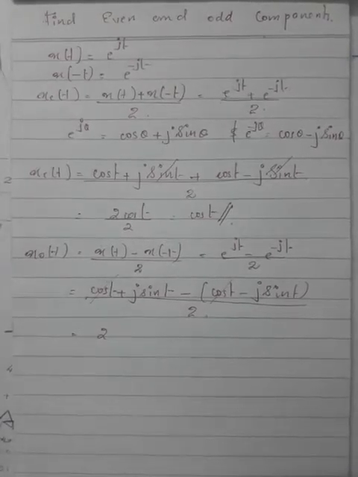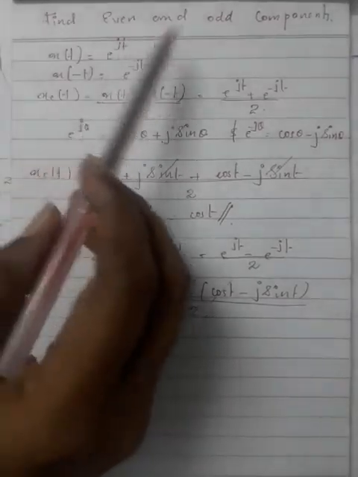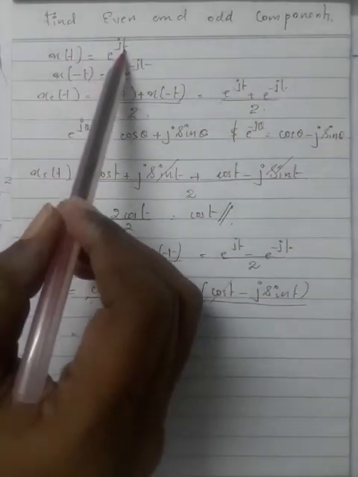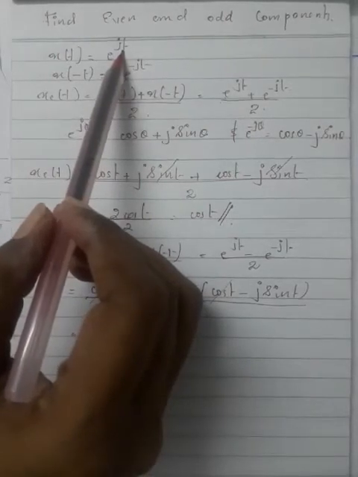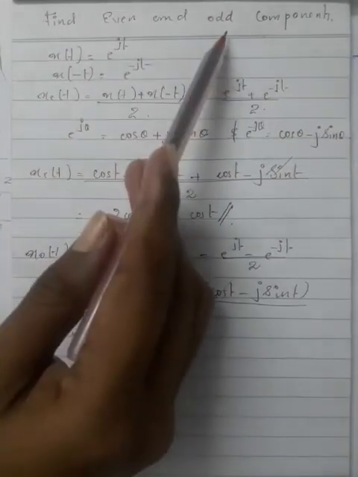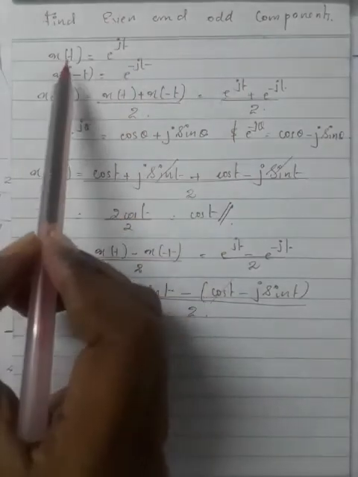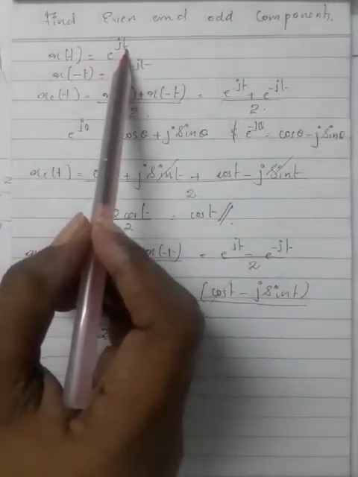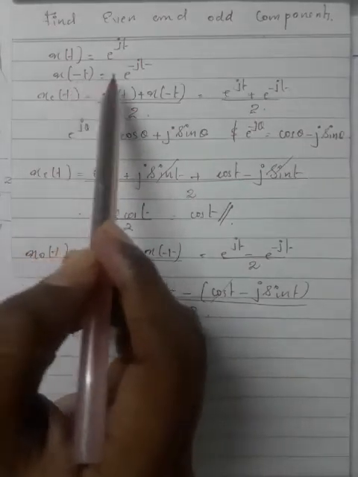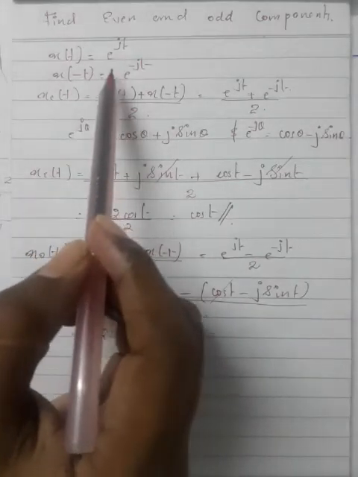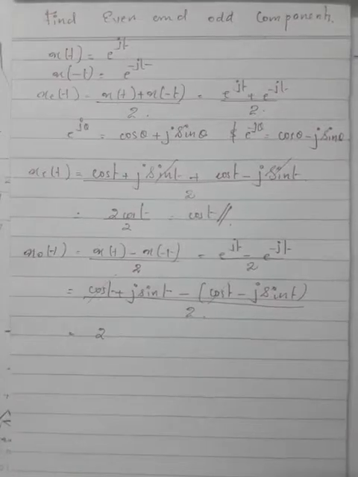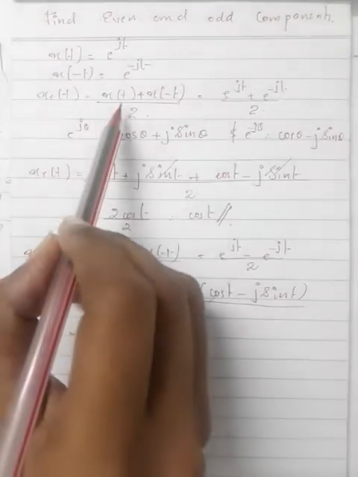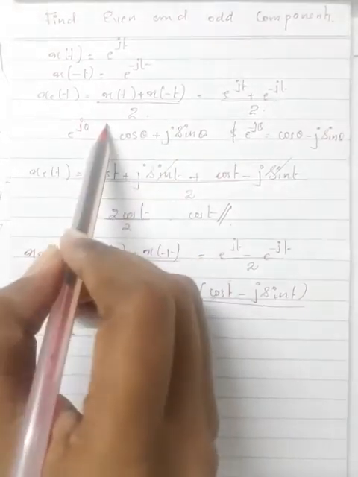And the next question is find even and odd components of x of t equal to e raised to jt. So in order to find even and odd components we need x of t and x of minus t. X of t equal to e raised to jt and x of minus t equal to e raised to minus jt. So x even of t equal to x of t plus x of minus t by 2.